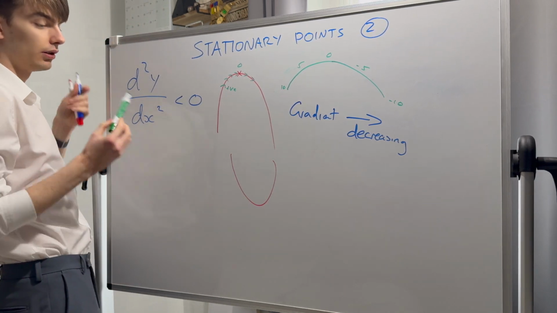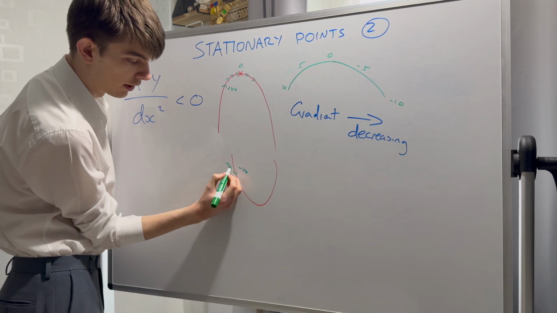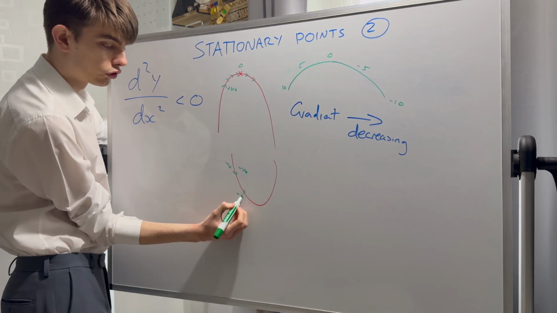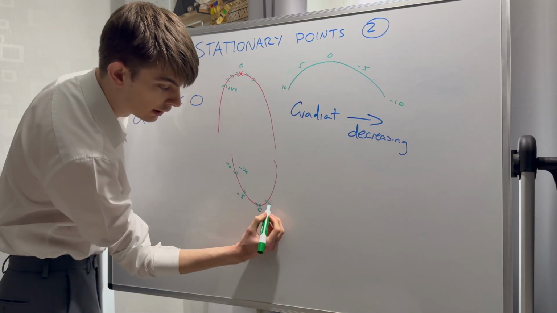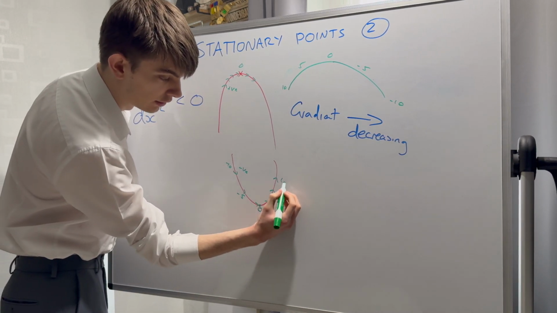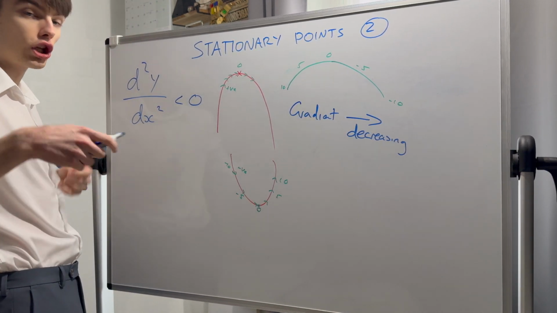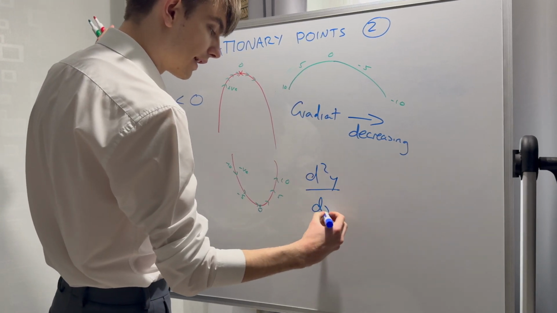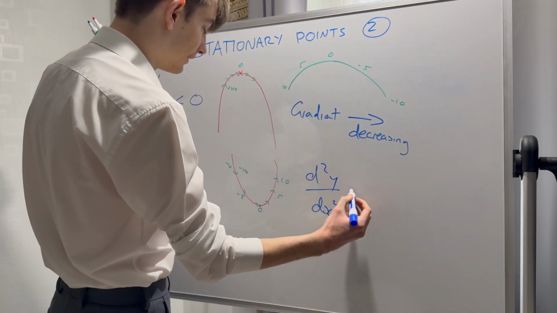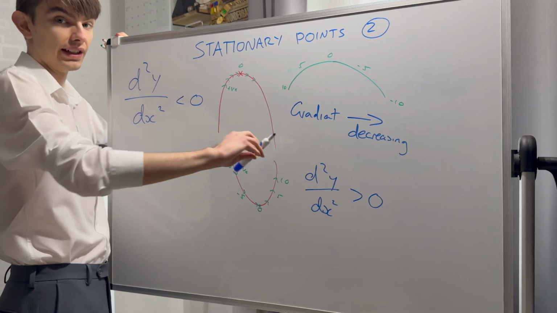Similarly, for a minimum. At a minimum point, my gradient is starting off negative, say -10, and it is slowly increasing until it hits 0, and then afterwards it is increasing and increasing again. So the rate of change of my gradient, my d2y by dx squared, is greater than 0. It is increasing.